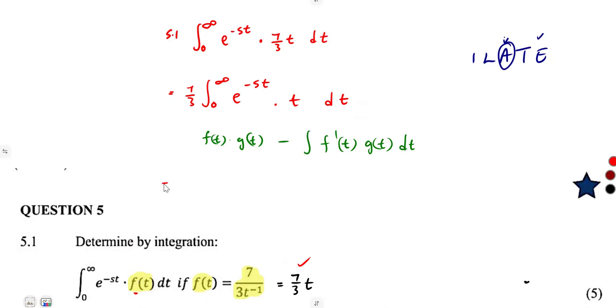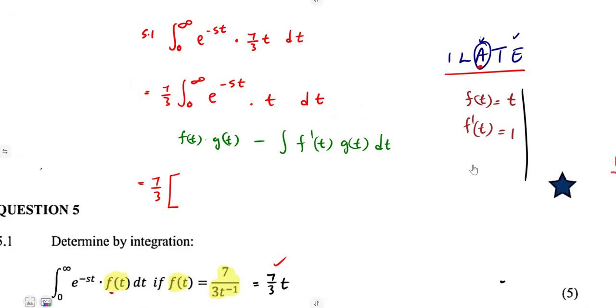So we are going to integrate by parts using that concept, where our f of t is the one that we are choosing from ILATE, and that is the algebraic. So our f of t is t. Differentiate to obtain the first derivative, that's 1.